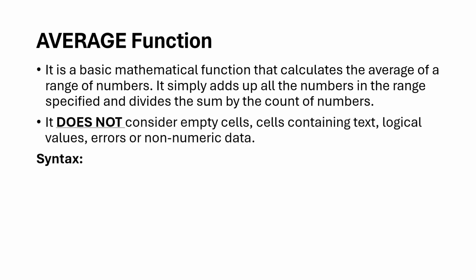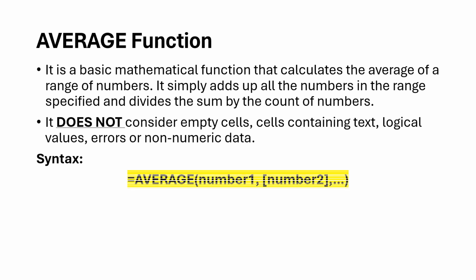Just like the count and sum functions, even the average function does not take empty cells, cells containing text, logical values, errors, or non-numeric data into consideration for performing the average operation. As far as the syntax goes, we just have to write equals AVERAGE of number 1, comma number 2, comma and so on and so forth.